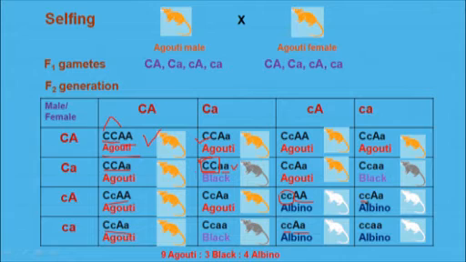So capital A could not express itself because it can't express itself in absence of capital C. But capital C can express itself in absence of A. So this is the concept of supplementary genes.